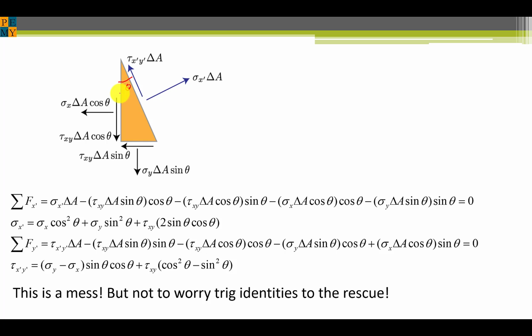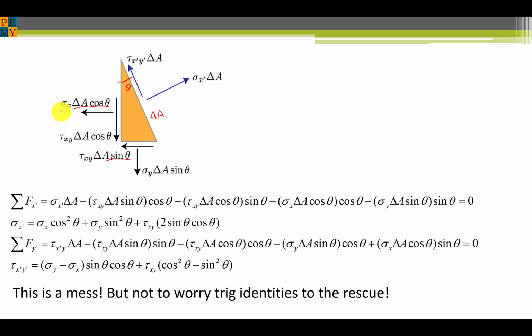Recall that the equilibrium equations of statics apply to forces but not to stresses. So we use the areas of the faces of the element. In this case, this face we will assign delta A, and these areas would be delta A cosine theta, and this would be delta A sine theta. Cosine theta would be the length of this face relative to the hypotenuse, and similarly for sine theta.